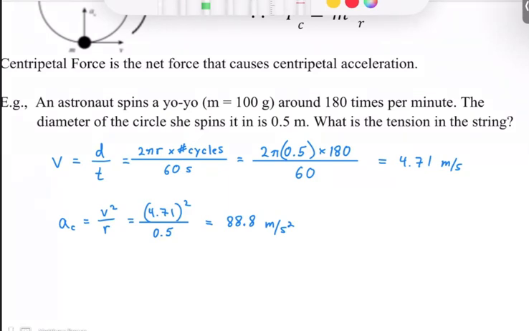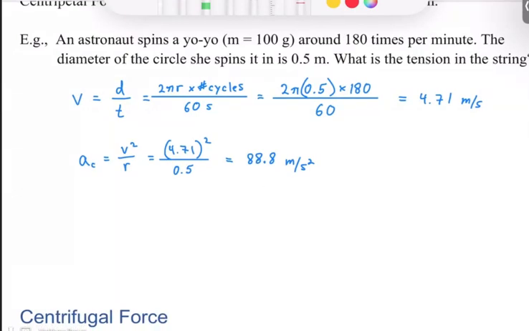Now I can go to what I know about forces and say, well, that means the force that she's applying on this thing, which we can call a centripetal force because it's going to be towards the center of this circle, is the mass of the yo-yo times a_c. Oh, sorry, my bad. I did write in the wrong number here. It does say that it's a diameter of 0.5.